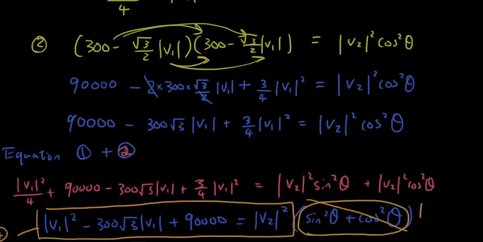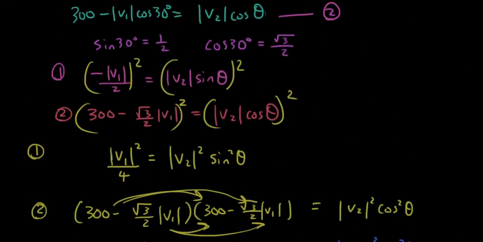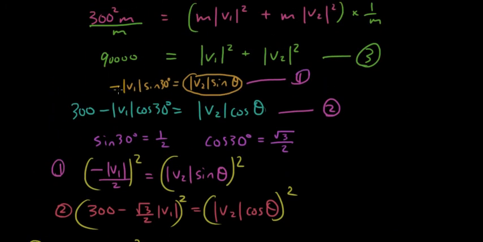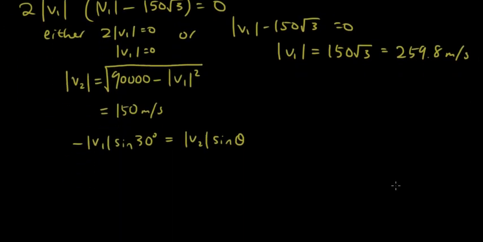That was equation 1 originally. So I'm going to now rearrange that. Sine 30 is a half, so negative v1 over 2 equals v2 sine theta. v1 was 150 square root of 3, and v2 was 150.